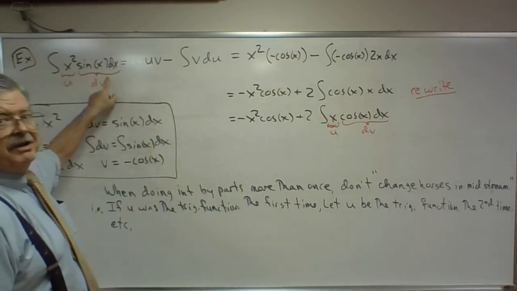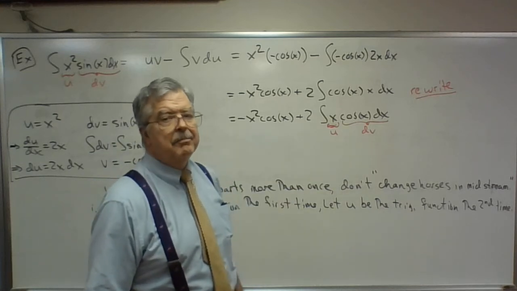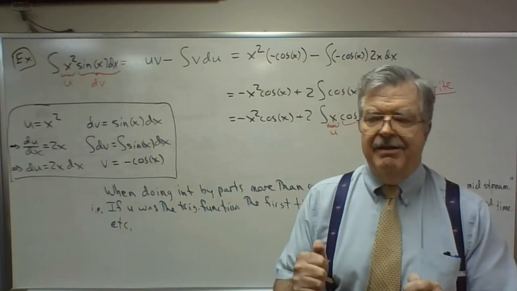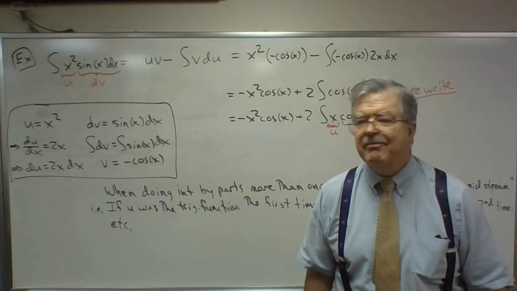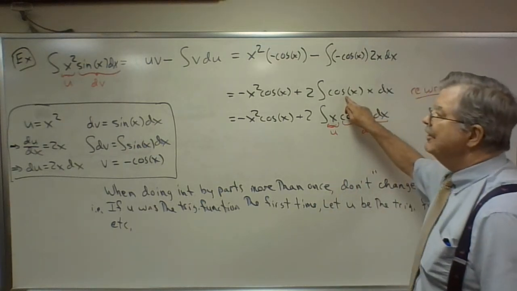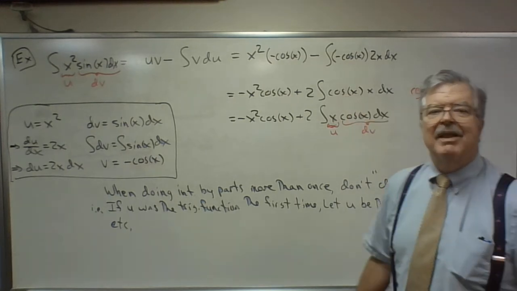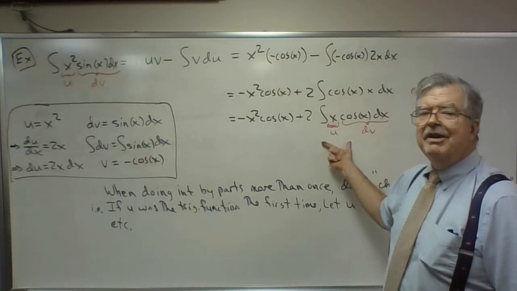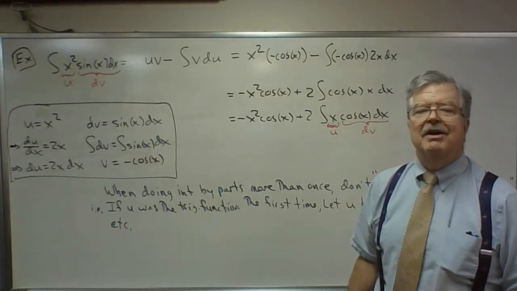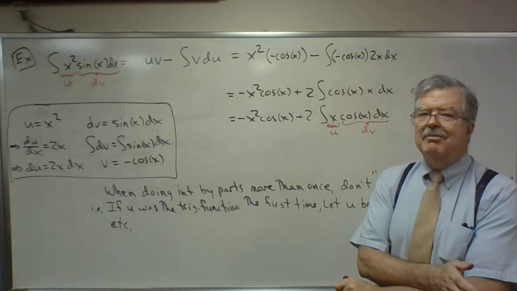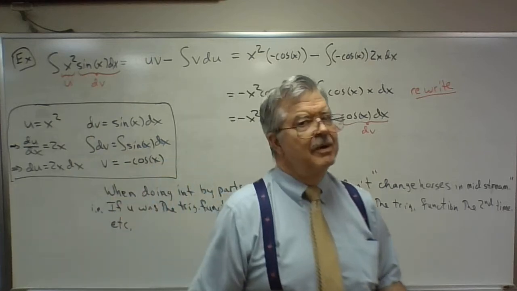My dv was a trig function the first time. My dv is going to be a trig function the second time. We're going to stick to that convention, because you know what happens if we don't? You know what happens if I let the trig function be u and the monomial be dv? In the second iteration of integration by parts, I'm just going to undo what I had done the first time using integration by parts, and I'm going to end up with this thing again. Don't want that to happen.